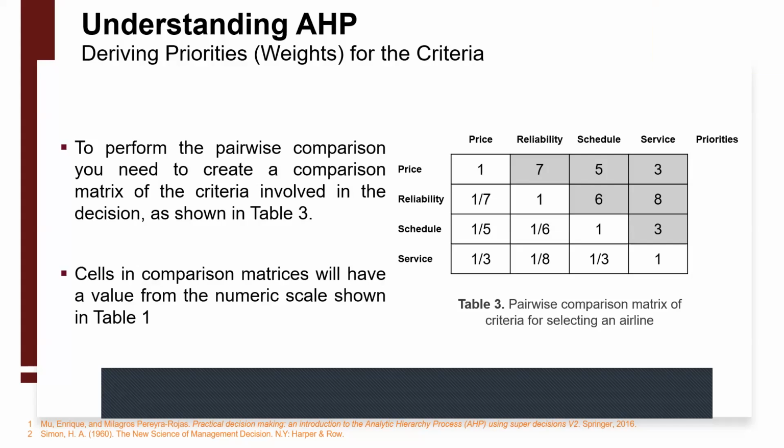For instance, you have already established price, reliability, and schedule, then you come up with another criterion, service, just a moment ago. Sometimes your priority completely differs, with more gap, so it creates more inconsistency.